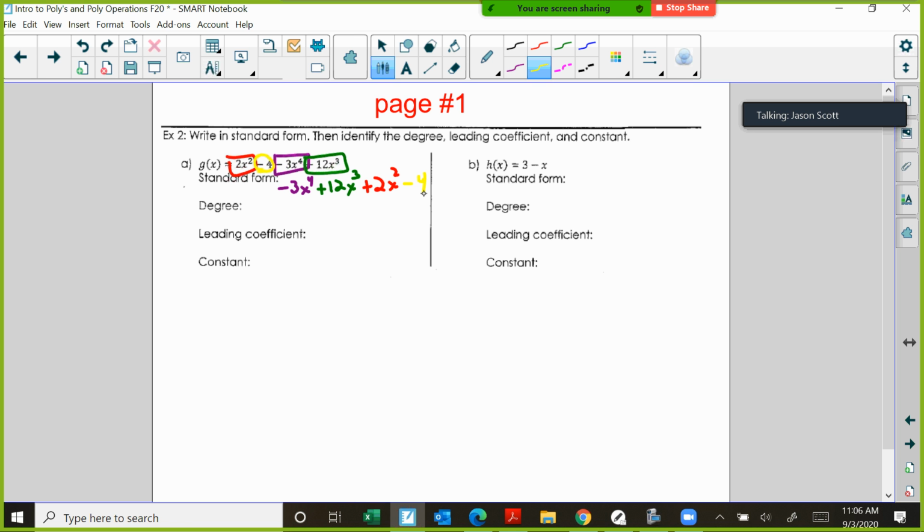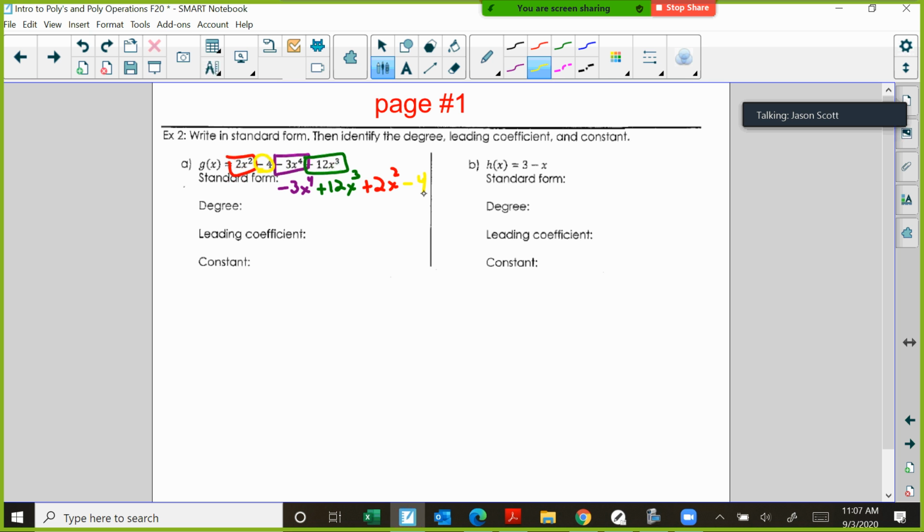So that polynomial in standard form is negative 3x to the fourth plus 12x to the third plus 2x squared minus 4. Please note that the signs traveled with their number. All right, so that's standard form.